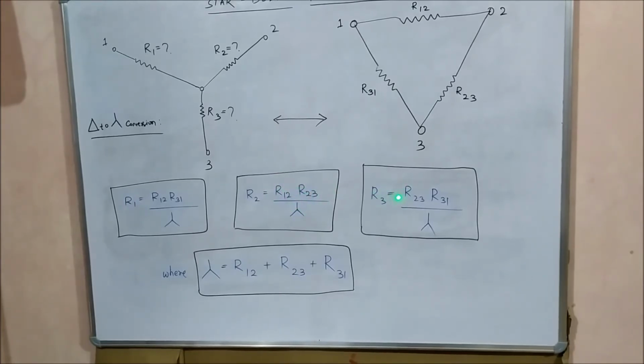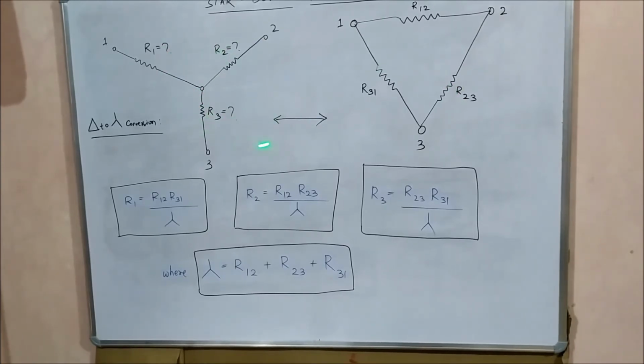And in R3 there is R23 and R31. So there will be changes only in the numerator, and the denominator is fixed, which is this value. In this way you can convert any star shaped structure into delta, or delta shaped structure into star.